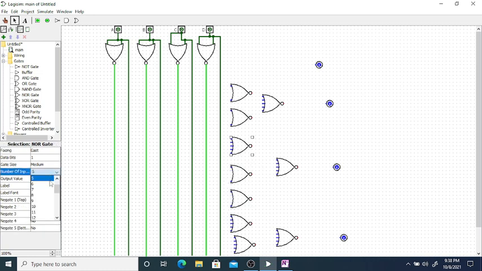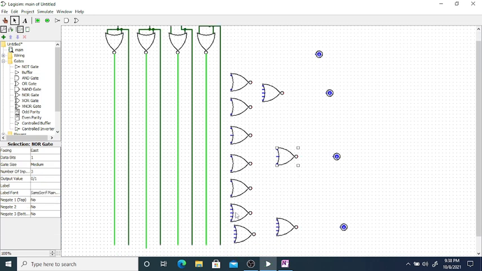Here we will require 3 inputs. Then again here we will require 2 inputs. Now we will make the connections.